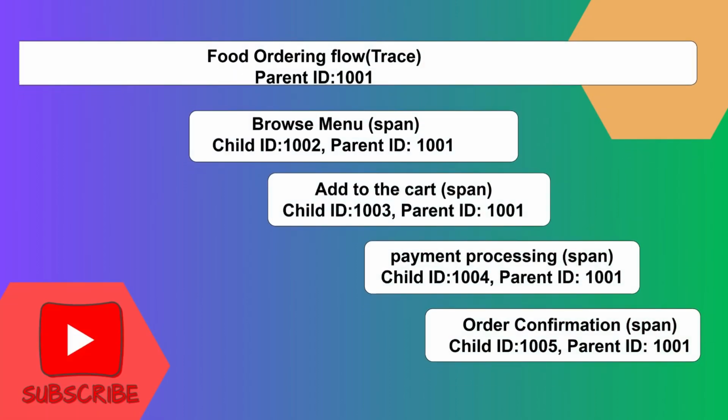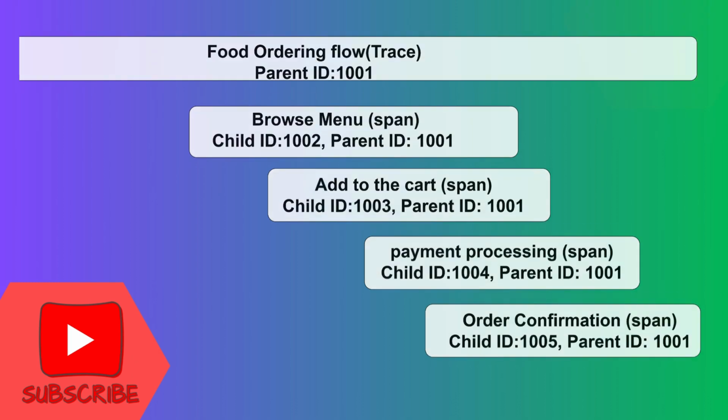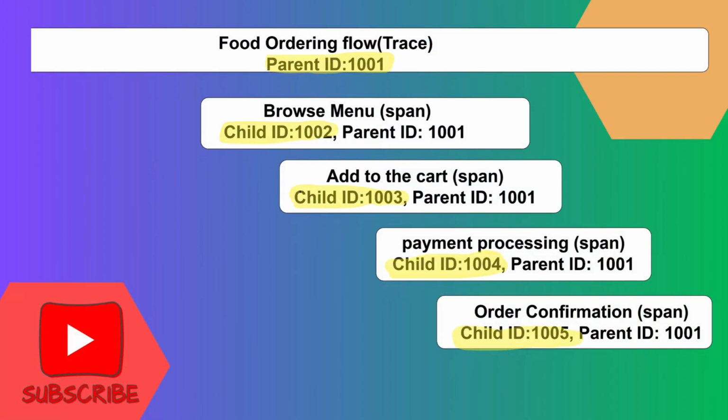How exactly is it going to help? Say, for example, each span in a trace has a unique identifier called a span ID. A parent ID links a span to an originating span, creating a hierarchy or tree-like structure. Let's take this example.